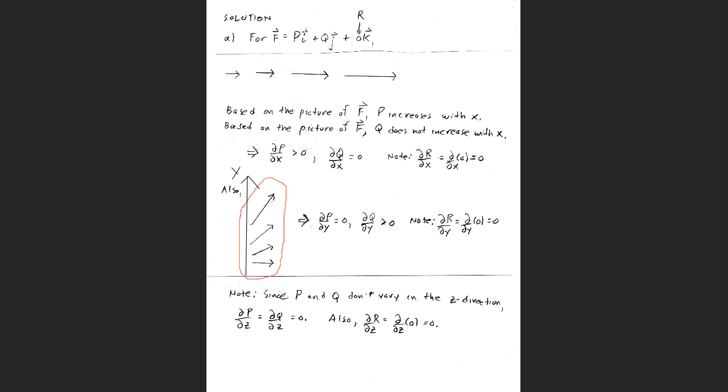Well, in fact, the partial derivative of P with respect to y is 0 because the horizontal width of the vectors isn't changing as y increases. But the heights of the vectors are increasing with y, and so the partial derivative of Q with respect to y would be positive.